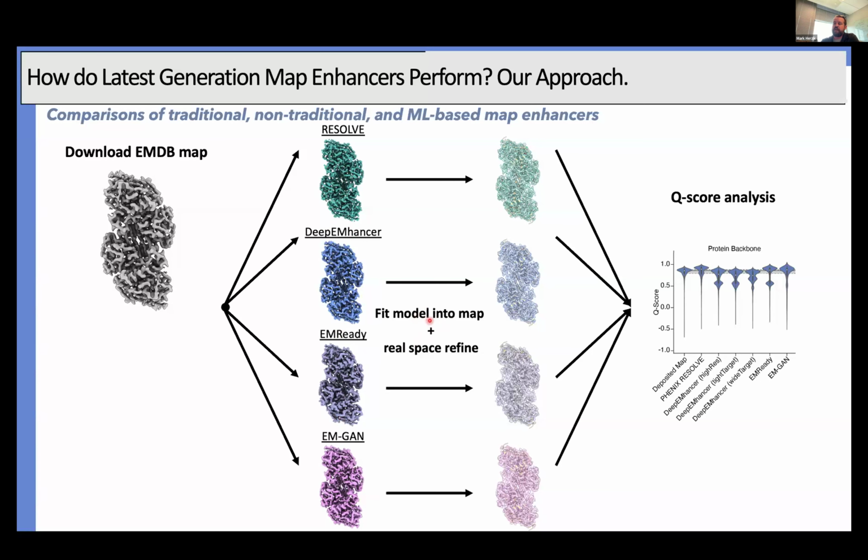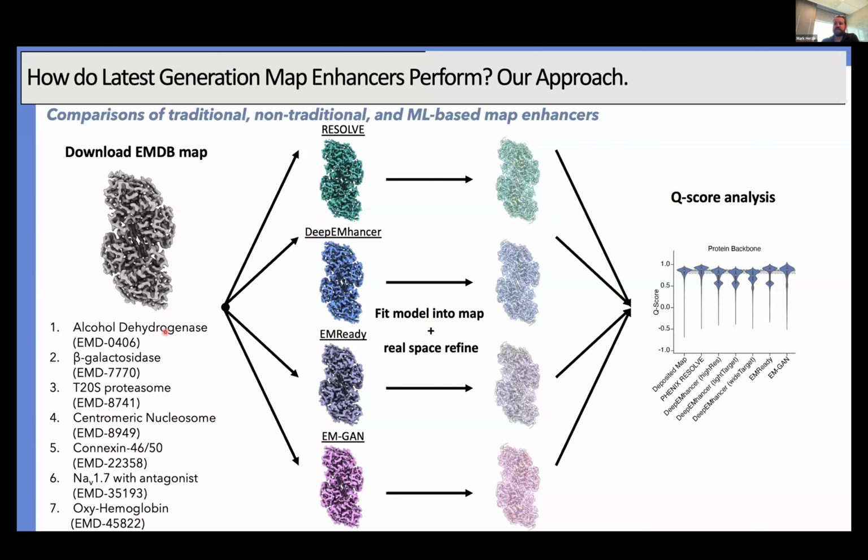We would update each atomic model into our map using Phenix Real Space Refine. And then just very quickly, we would use a Q-score analysis to evaluate protein backbone or side chains or our ligands in our volumes. Our test cases were 7 different proteins ranging in molecular weight and different sizes, different resolutions, different microscopes, as well as different compositions.